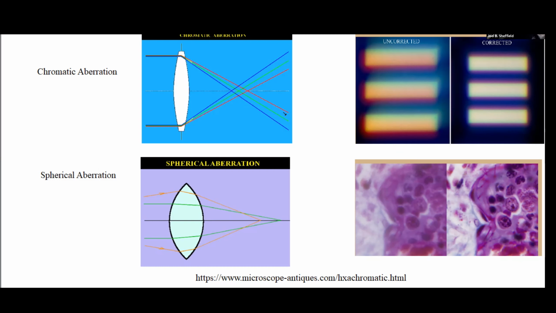And it's the process which is called dispersion. And that's basically what Newton saw when he put light through a prism. When you put light through a prism, then it separates the light.